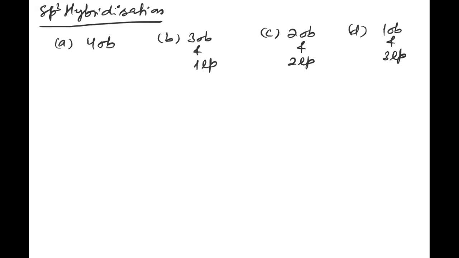For example, suppose we have a central atom as carbon forming bonds with hydrogen, here it is chlorine, it is NH2 and let's say it is OH. Here the oxygen consists of 2 lone pairs of electrons, nitrogen 1 lone pair of electrons, and chlorine 3 lone pairs of electrons.